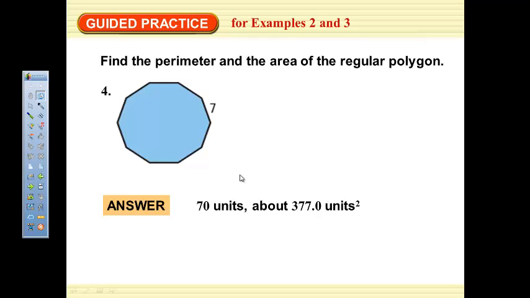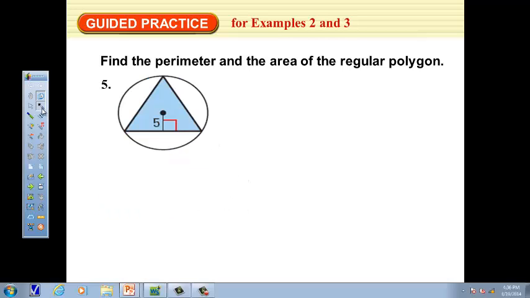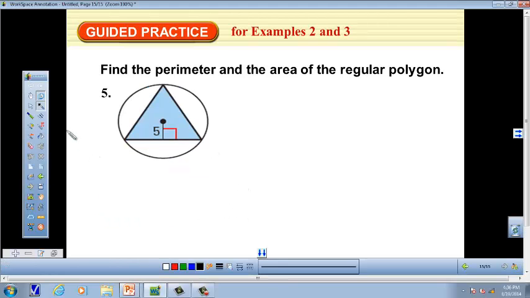Okay. Here's one with a triangle. This one's actually really easy. I'm glad we're doing this one, because if we look carefully, I'm going to make this easy on you. This is where your 30, 60, 90 comes into play. If you've memorized these, this will be very easy.